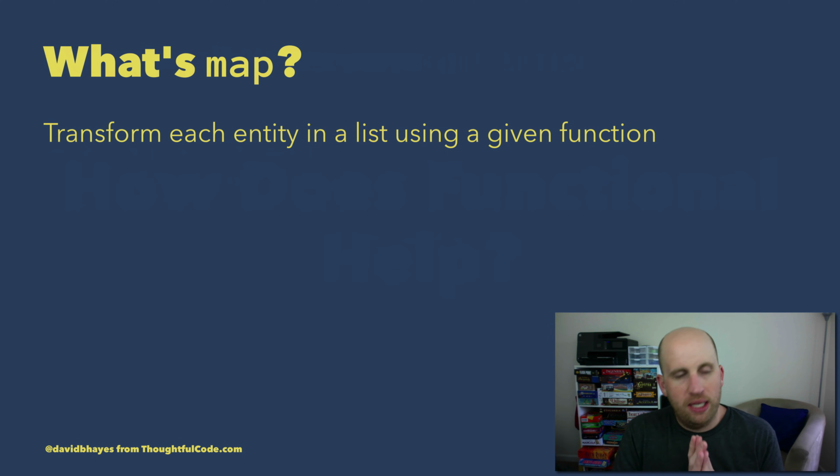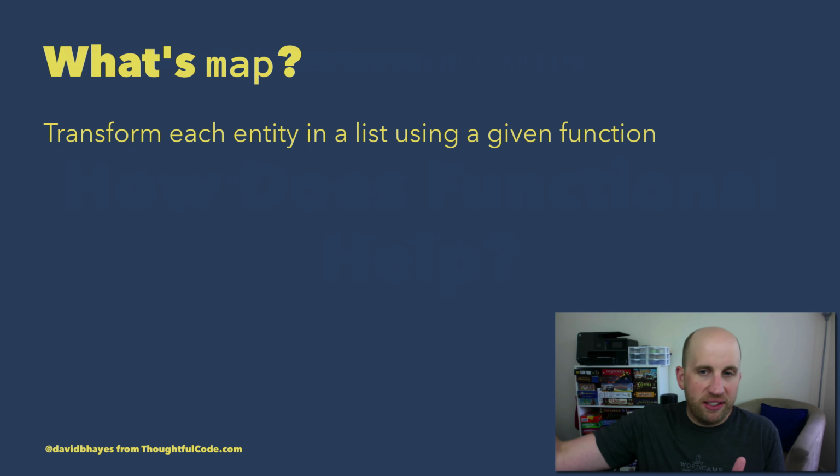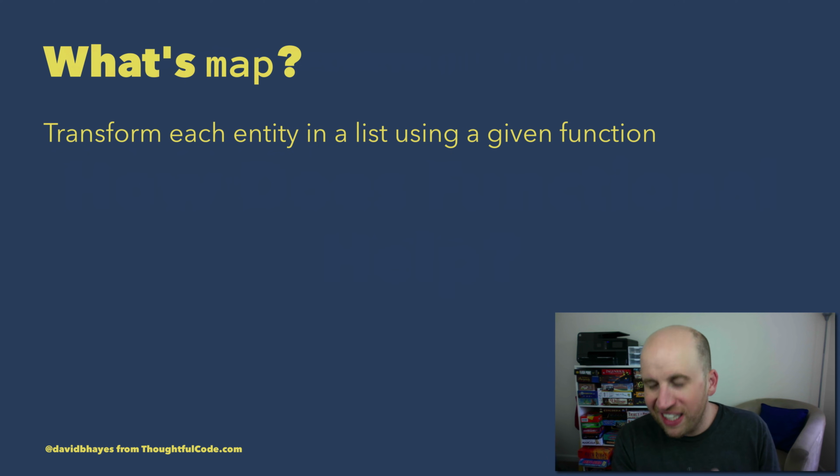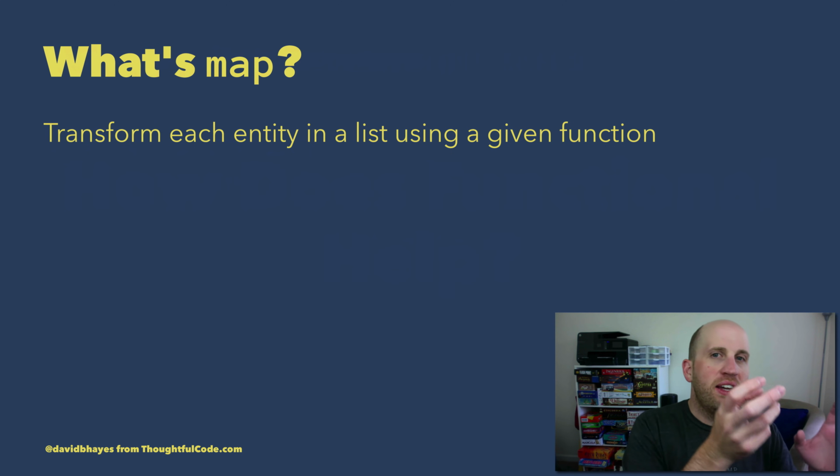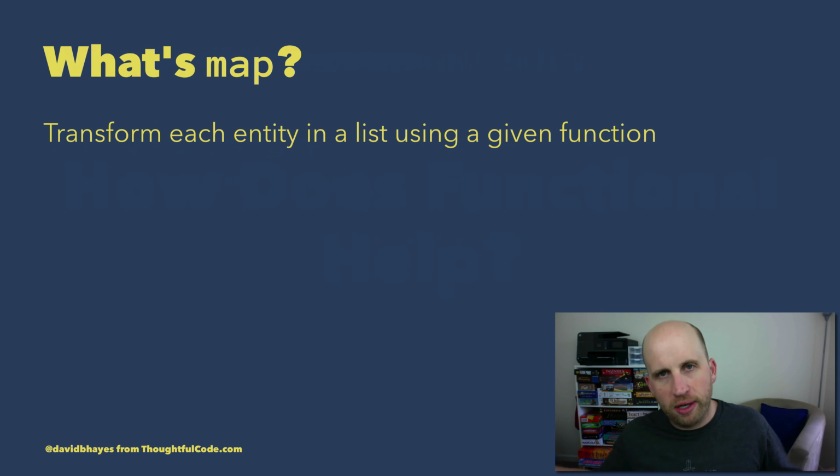So what map does is it transforms each entity in a list using a given function. And I made sure to use the word list rather than array here, because this exists, again, across every functional programming language. This is a common function that you see in functional programming languages.